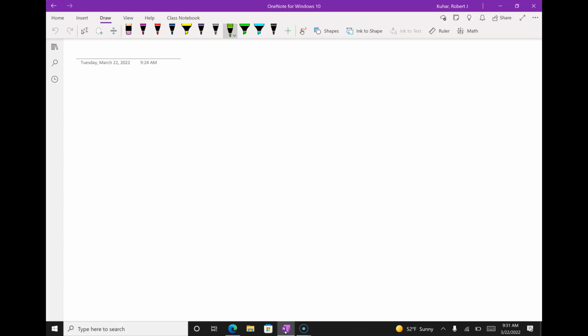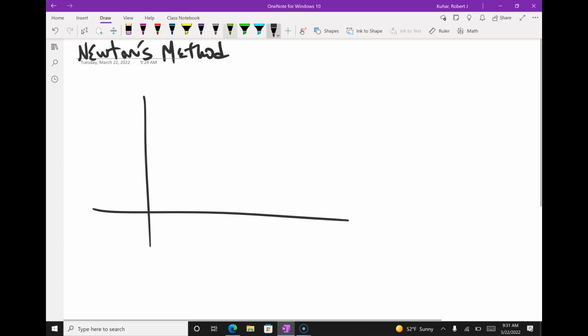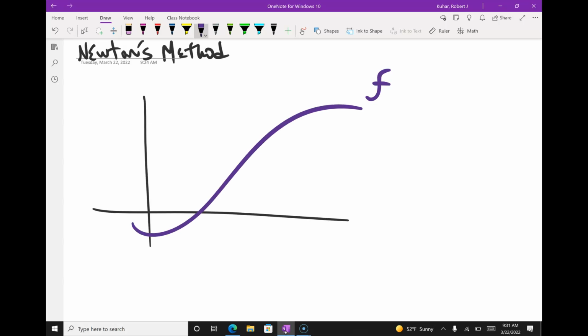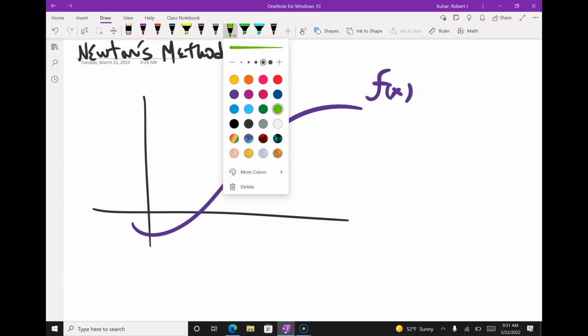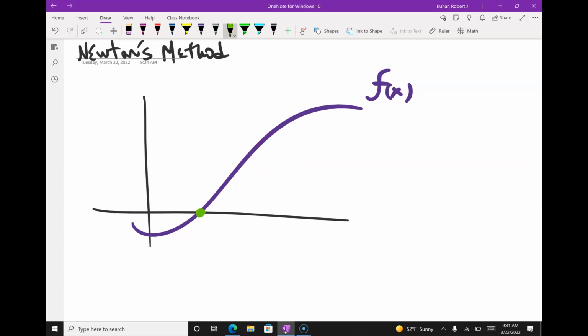All right, so let's talk about Newton's method here. The method is to find solutions or roots, okay? For example, if I have some function f of x, and I want to find the root, I want to find this 0, right?